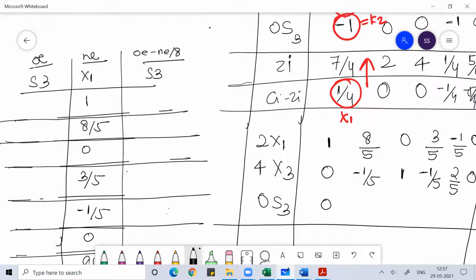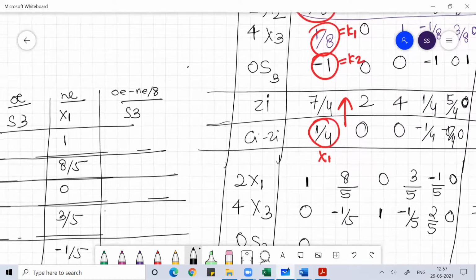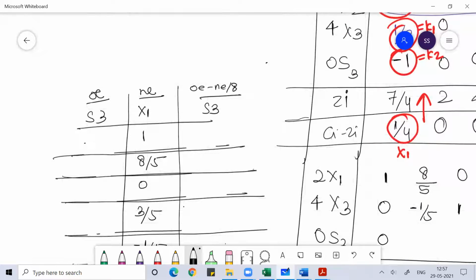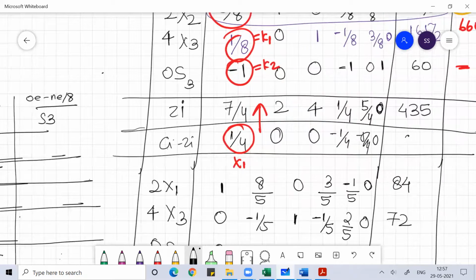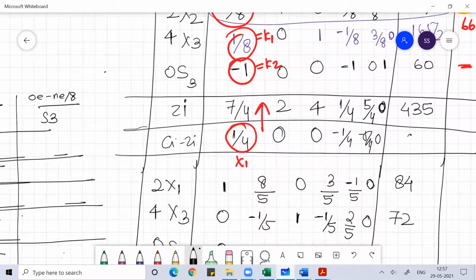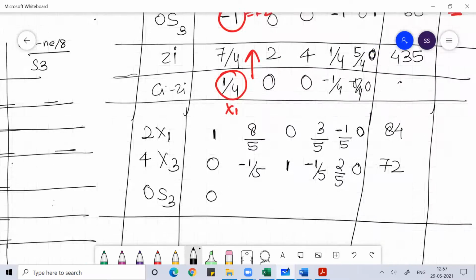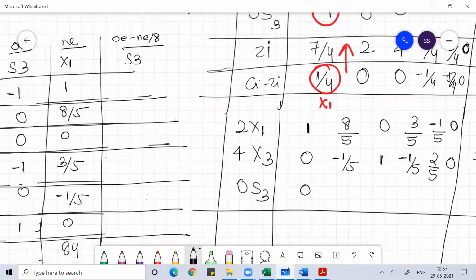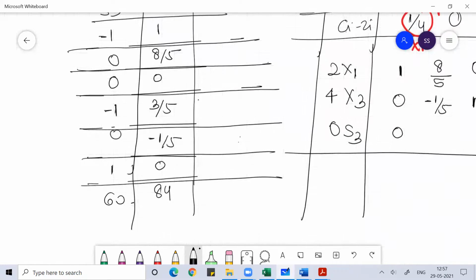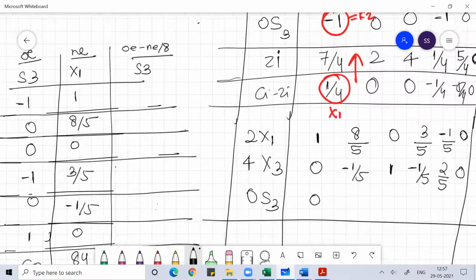The old element of S3 was minus 100, minus 100, minus 101, minus 101, minus 101, then 60, then 60, and the constant is minus 1.